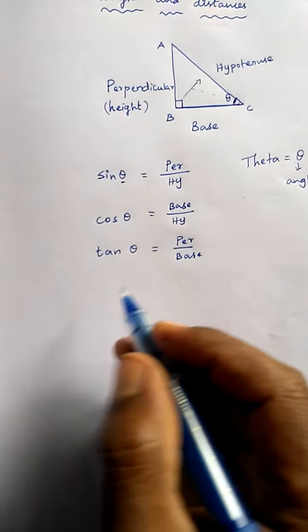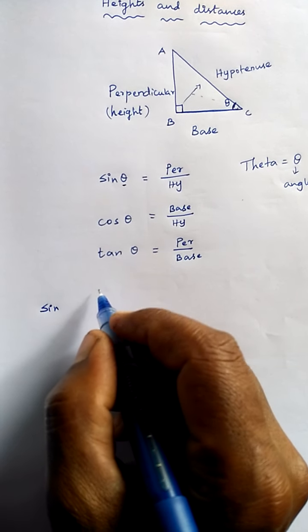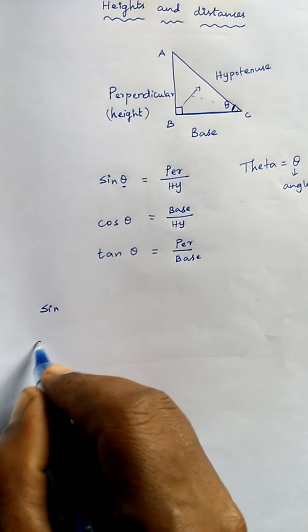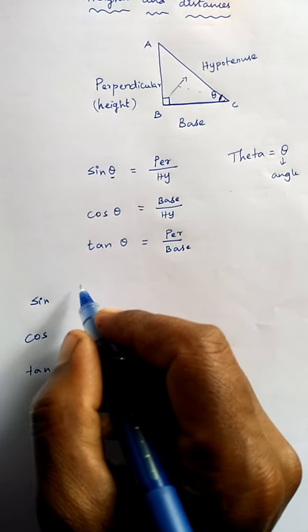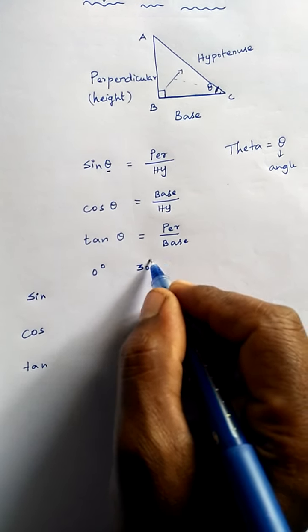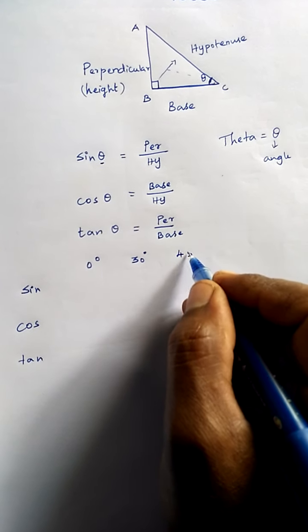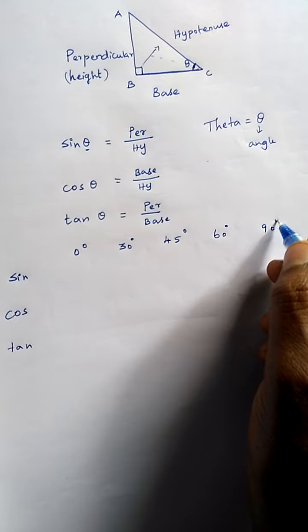And some other values also we should know. Here we can take sin, cos and tan for 0 degree, 30 degree, 45 degree, 60 degree and 90 degree.